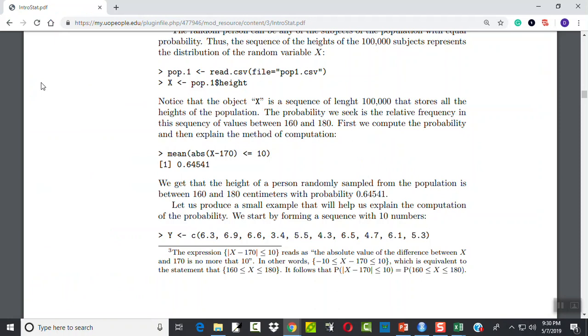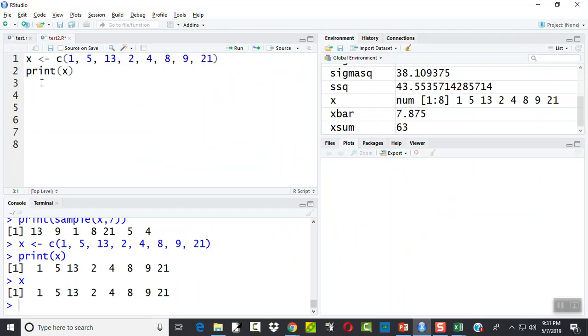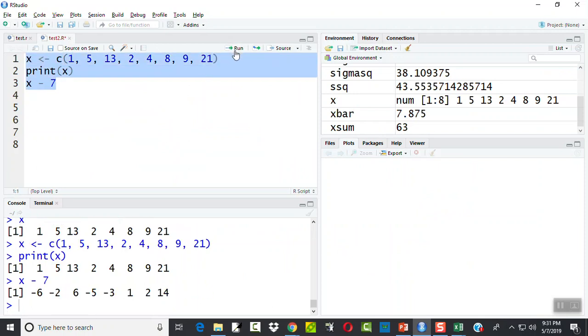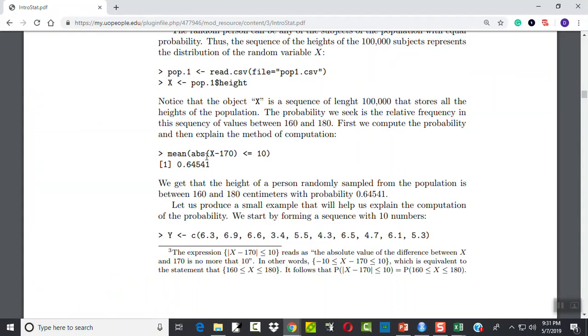Okay. So X minus 5, 7, 7. So this would take each one of those values and subtract 7. And then I take the absolute value of it.